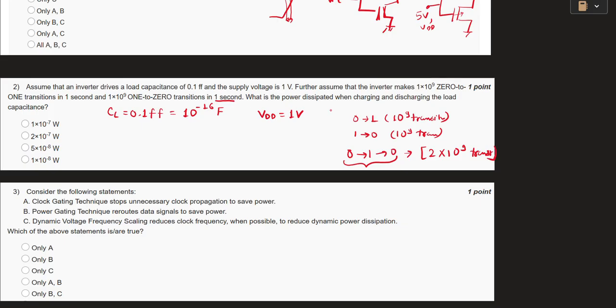Okay. So the power dissipation when charging and discharging the load capacitance will be CL into VDD square into alpha times frequency of the clock.